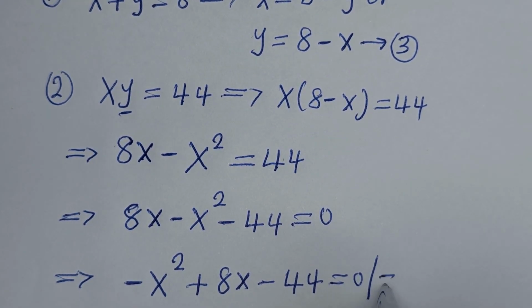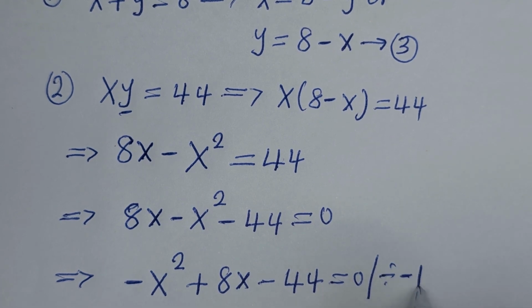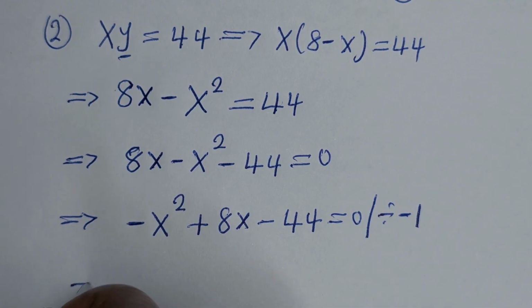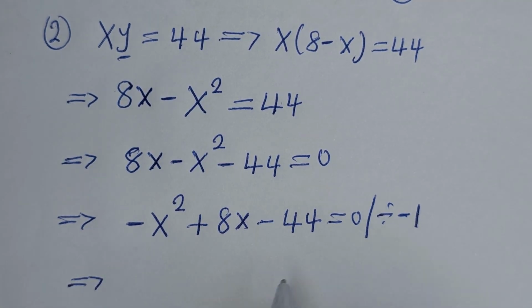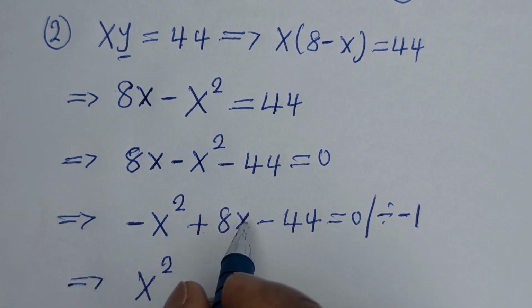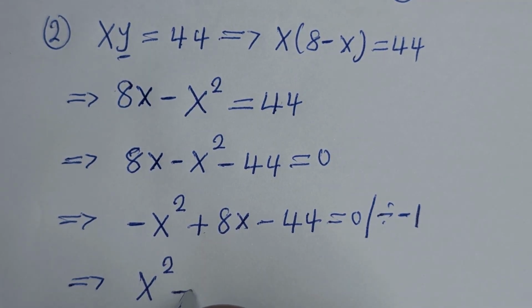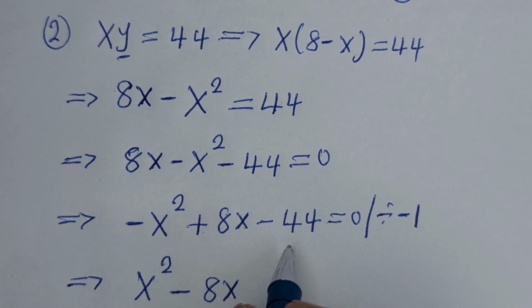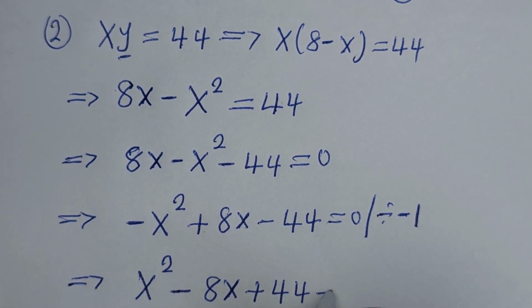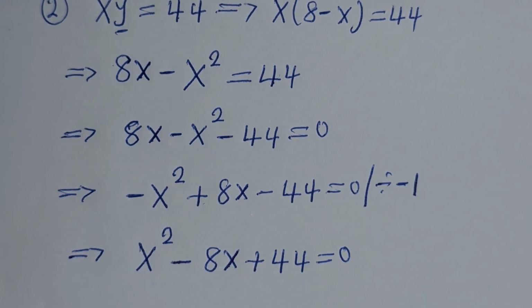Let us divide the whole equation by minus 1. Then we have minus s square divided by minus 1, s square, plus 8s divided by minus 1, minus 8s, minus 44 divided by minus 1, this is plus 44 is equal to 0.